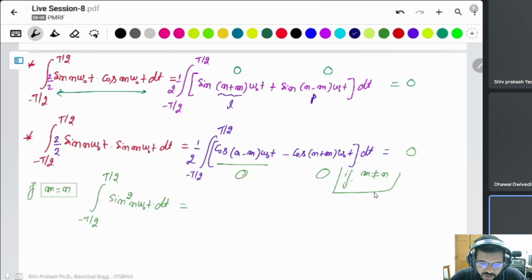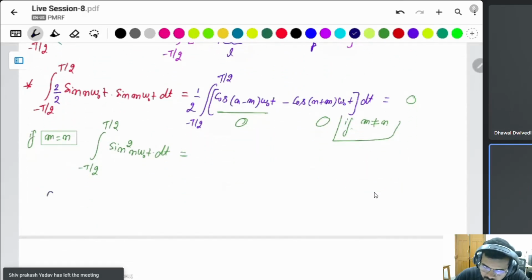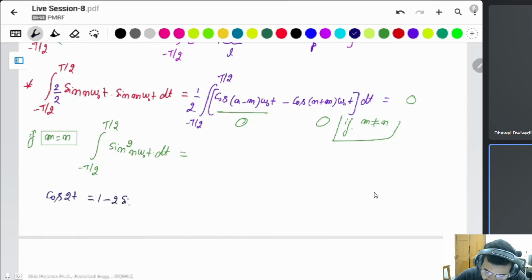You know about the sinusoidal signal. This will be cos 2t. You know this will be 1 minus 2 sine square t. This is also represented as 2 cos square t minus 1. This is also represented as cos square t minus sine square t.